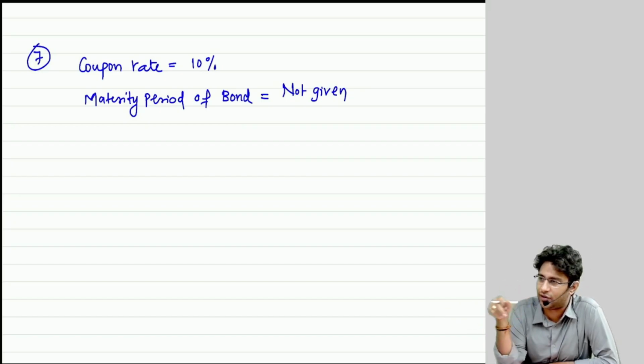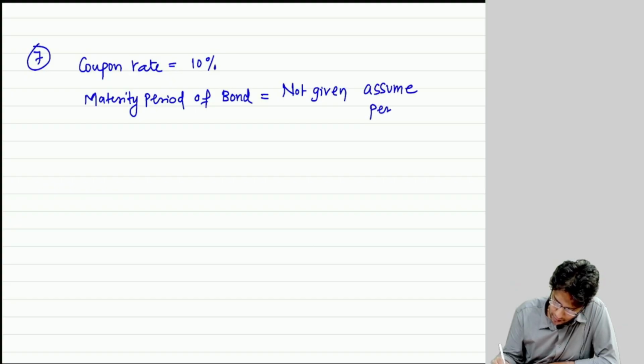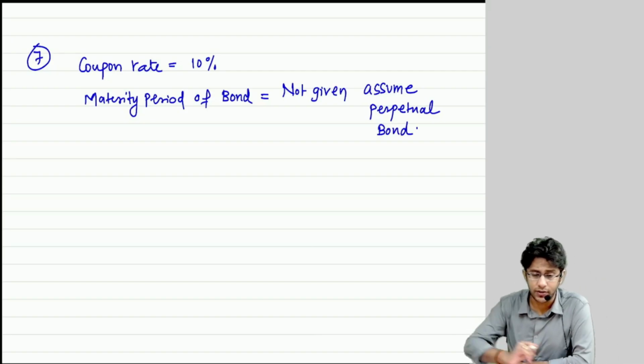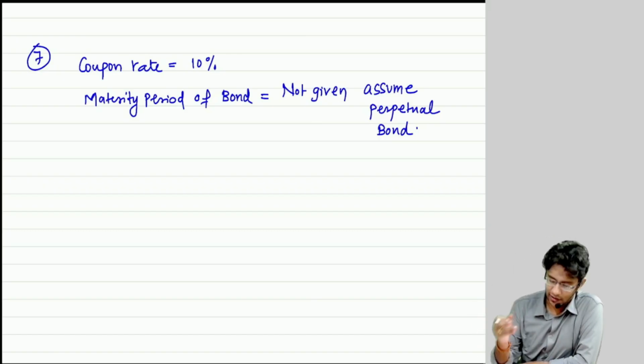You will all get different answers, no? The assumption is wrong. What should I do? Then there is one assumption which, if you make, everyone will get the same answer. Which one? Perpetual bond. If the question does not give you maturity value, it means there is no expiry date. It will live forever.